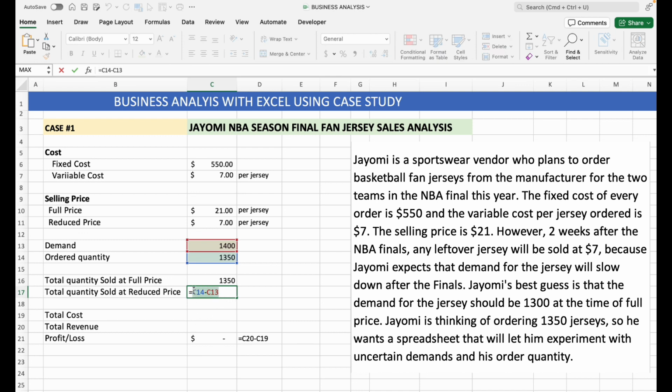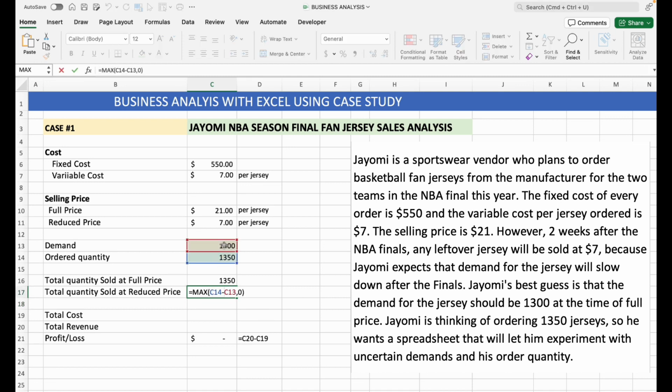So if you subtract this from this, if the value is less than 0, then you will compare it with 0. If it's less than 0, it will give you 0 value. But if it's higher than 0, it will give you the other value. So that's why we are using the max value. The max value is saying let's subtract the order quantity from the demand.